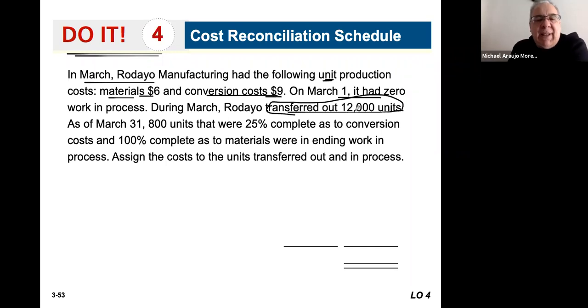But at the end of March, they had 800 units still in work in process inventory. They were 25% complete regarding conversion costs, 100% complete regarding material costs. And that applies to these 800.